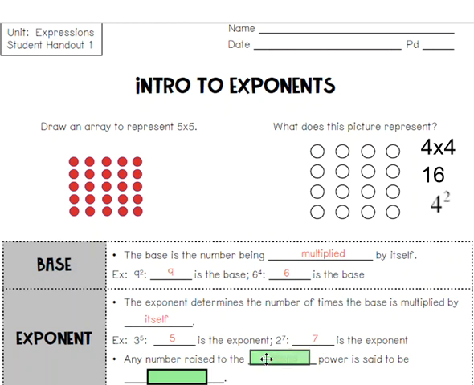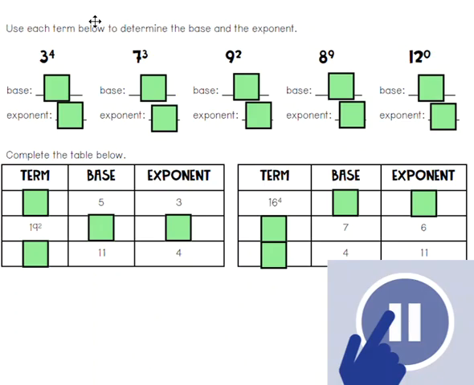Any number raised to the 2nd power is said to be squared. Okay, we're going to come back to that later, but there are certain exponents that have special names, and 2 is one of them. So that's just an introduction to what's the base and what's the exponent. If I look at these, you can fill these in pretty quickly because, again, the base is the bigger number. So like the 3 is the base. Over here, the 7 is the base.